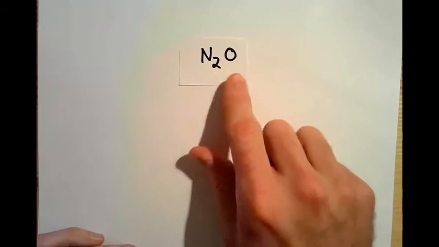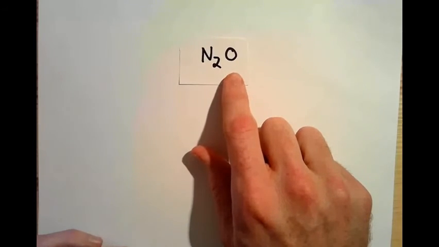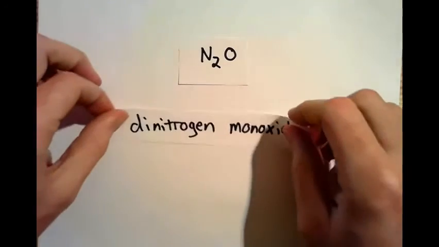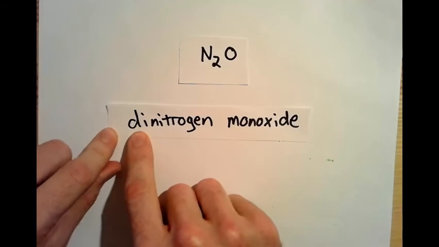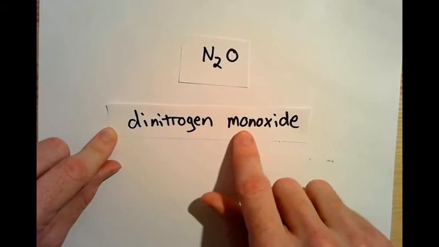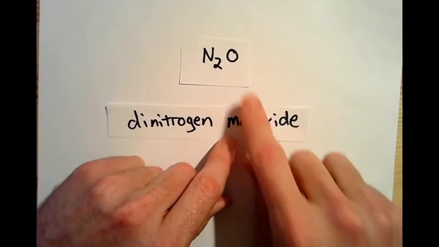Now, if I have something like N2O, the first one has 2 nitrogens, but the last one has only 1 oxygen. So I'll still have to use a Greek prefix for both of them. I have to use the Greek prefix for 2, but I'll also use the Greek prefix meaning 1, mono, for this one.